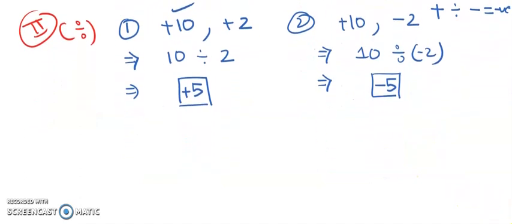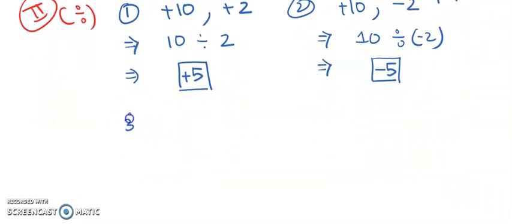Let us move towards rule number 3. Let us take the first number as a negative integer like minus 10, and the next number as plus 2. And let us divide them.